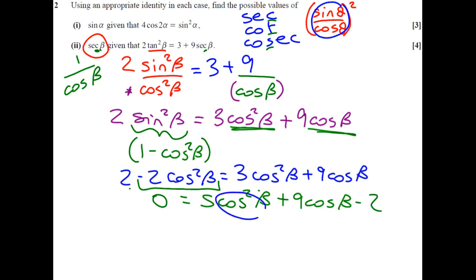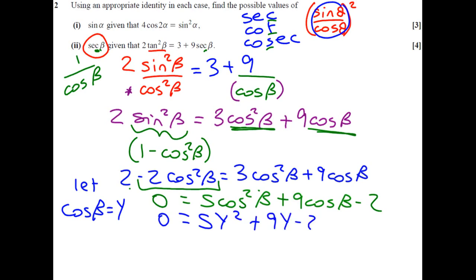It's something squared plus a number times something plus a constant on its own. So it's a hidden quadratic, and you can make a substitution such as let cos beta equal y. So what we can do now is we've got 5y squared plus 9y minus 2.